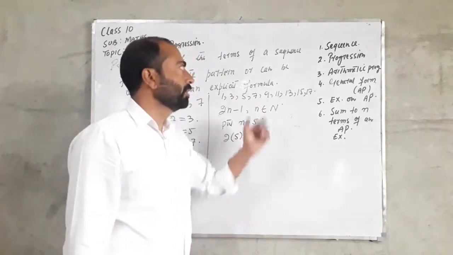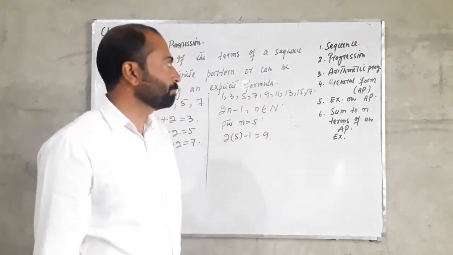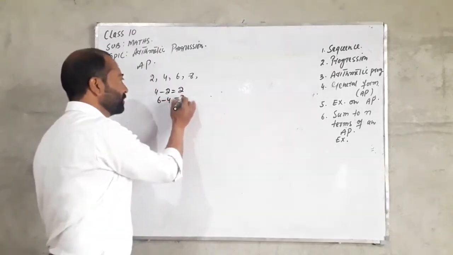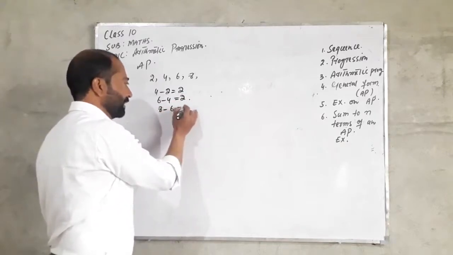Is it clear? Now we will move to arithmetic. 6 minus 4, you are getting 2. 8 minus 6, you are getting 2.